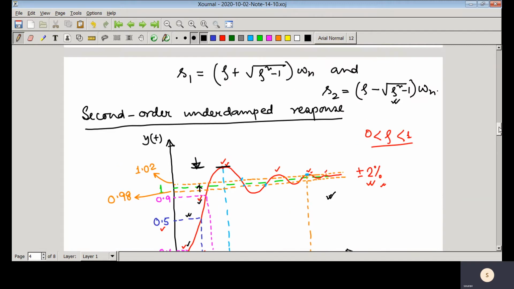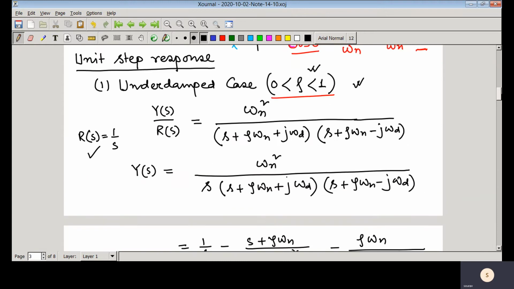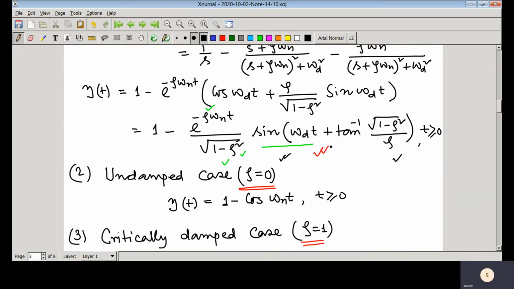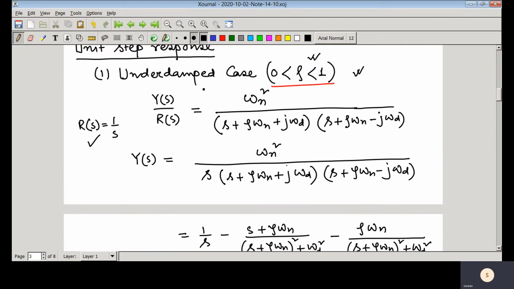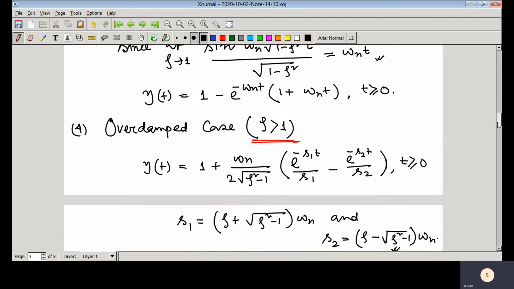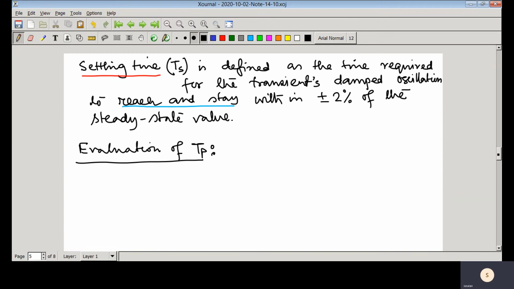So let us take the derivative of this particular expression, because this is y(t) equal to this one, and this is the case what occurs in the underdamped situation. And if we take the derivative of that y(t) and equate it to 0, then it gives you the time when the first peak occurs.